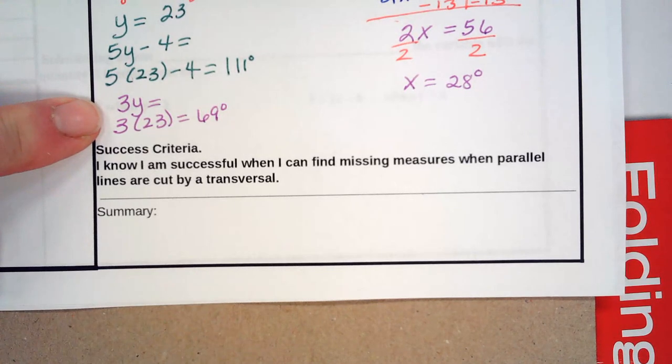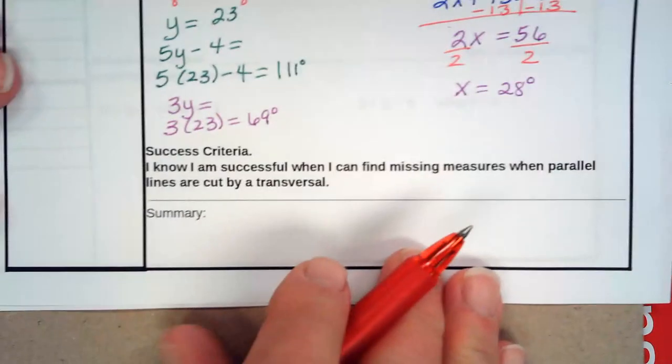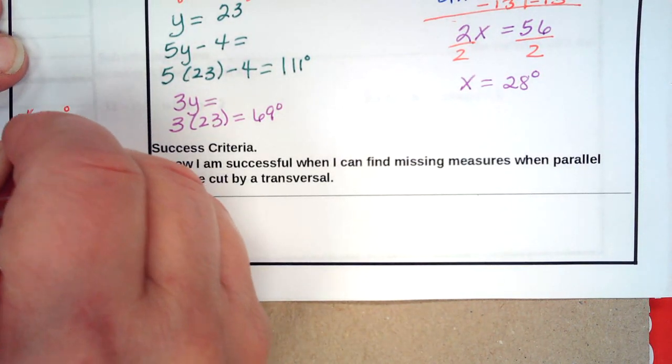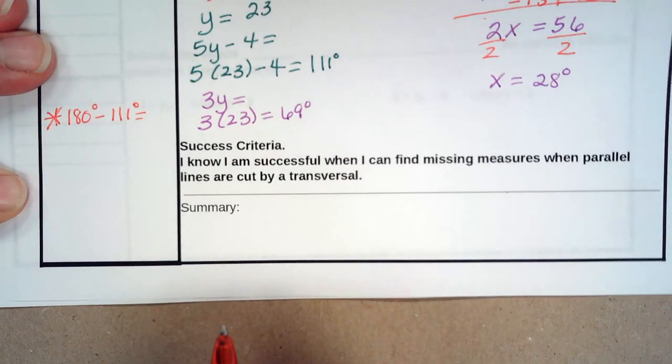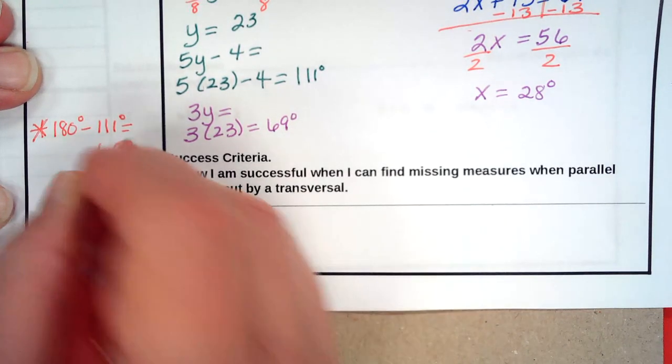When I did this, could I have taken 180 degrees minus 111 degrees? Yes, that would have been perfectly acceptable also. You still would have gotten 69 degrees.